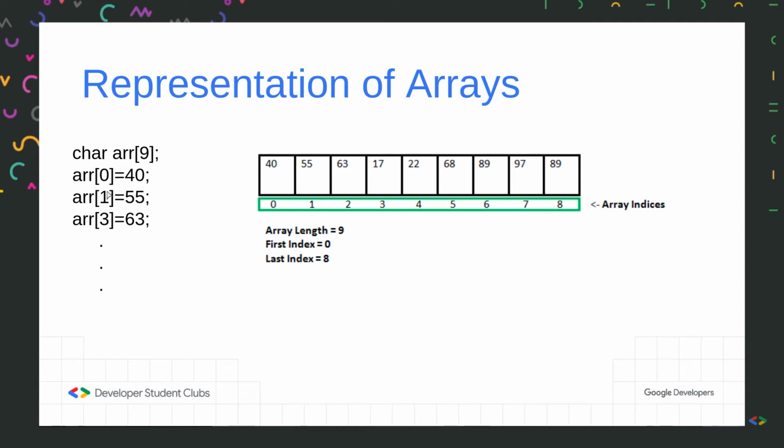Similarly, arr[1] equals 55, so in the second index we are storing the integer 55, and arr[3] equals 63. Okay, there's a typo there. This should be arr[2]. So we'll store 63 in that box, and so on.